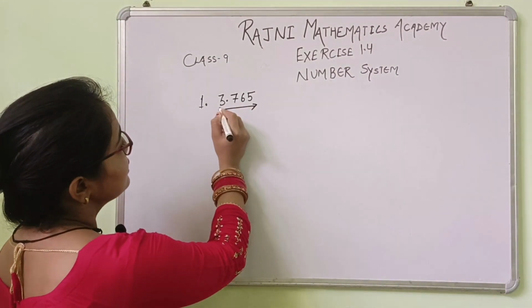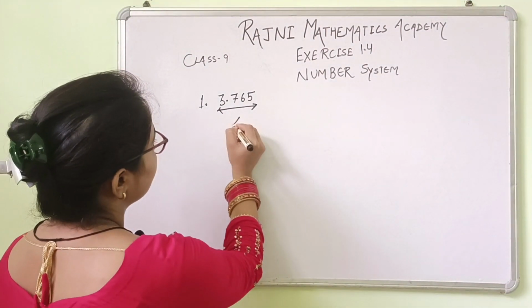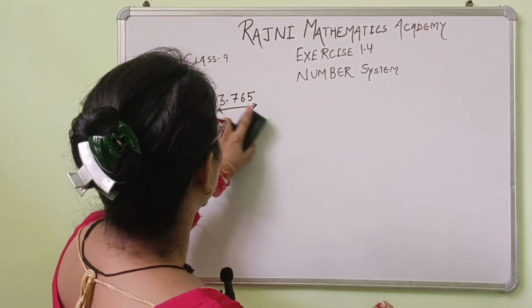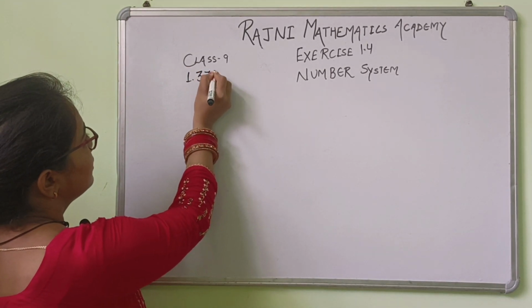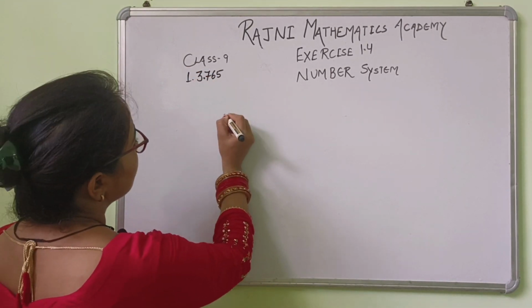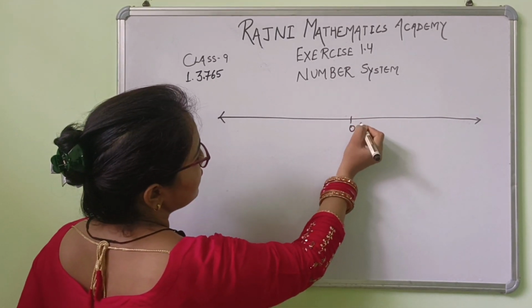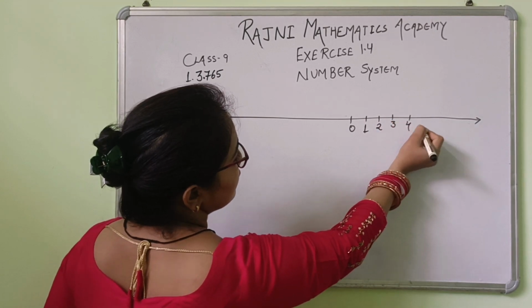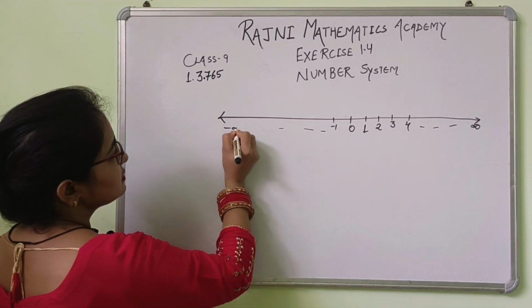The number is 3.765. This is the number line, this is 0, this is 1, 2, 3, 4 and so on to infinity, and -1 to -infinity.